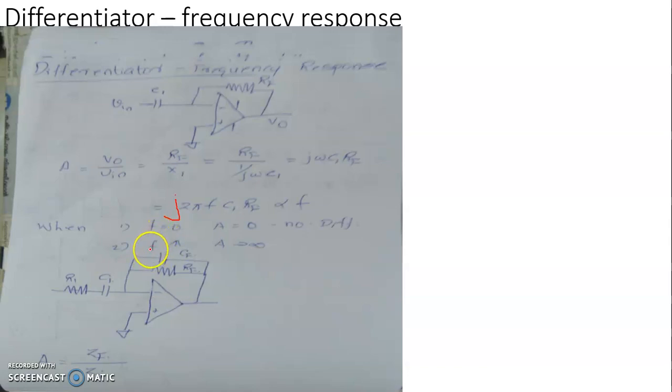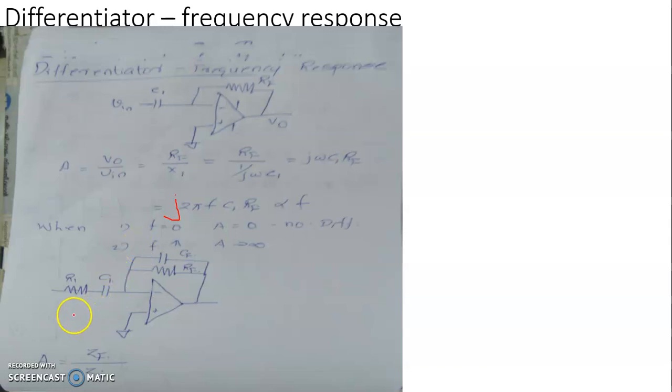For such a signal, the frequency will be very large, and corresponding to this large frequency, the gain of the differentiating amplifier will be tending to infinity, or a very large value, switching the op-amp into its non-linear region, and the output will eventually be switching into saturation. So these two problems are to be overcome.